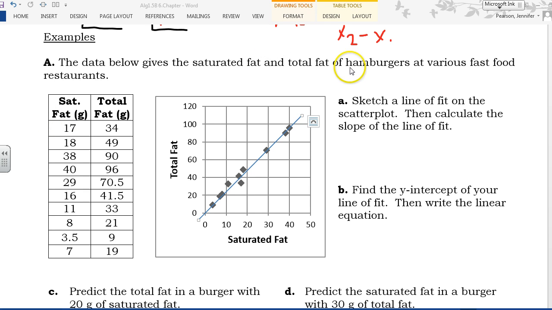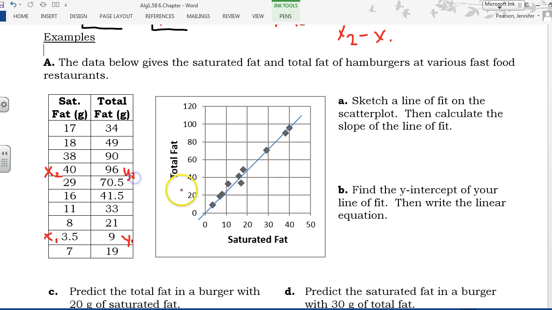I want to label some points. I'm going to take my lowest x value and call that x1, and then with it is y1. I'm going to look for my highest x value and call that x2, and then with it is y2.